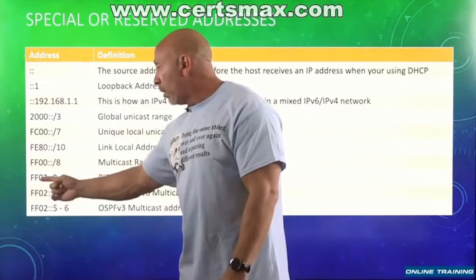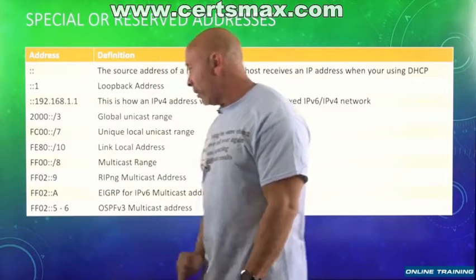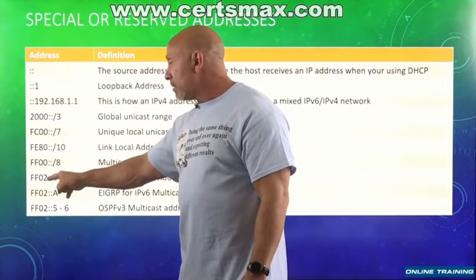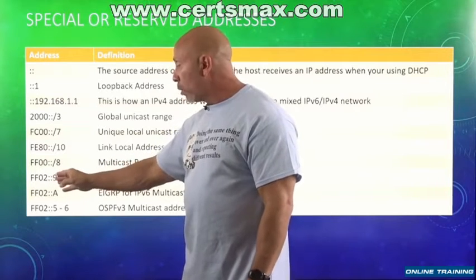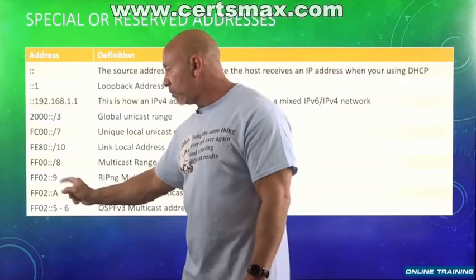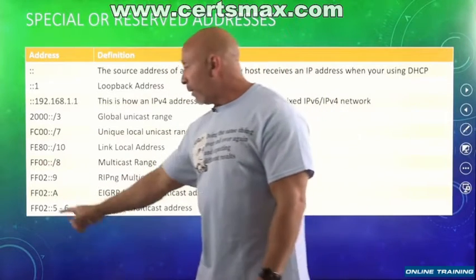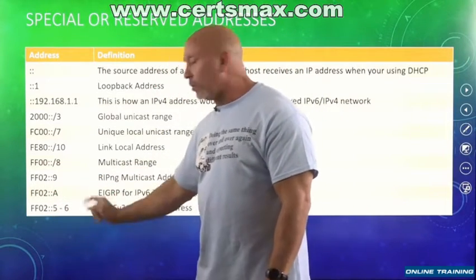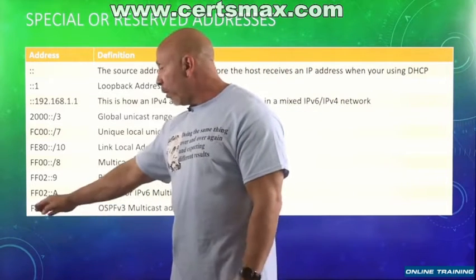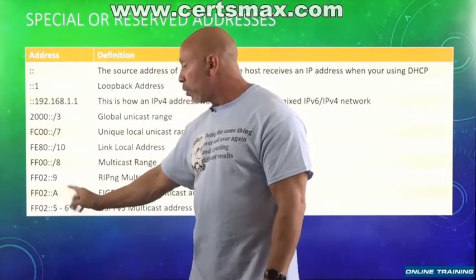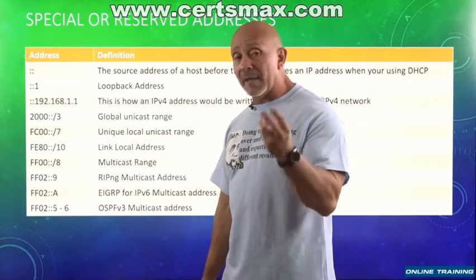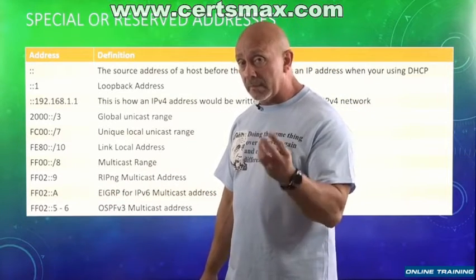All right. So for your routers, RIPng uses FF02::9. That's for RIP. For EIGRP, FF02::A. And then for OSPF, FF02::5 and 6, because remember, we have the DR and the BDR.